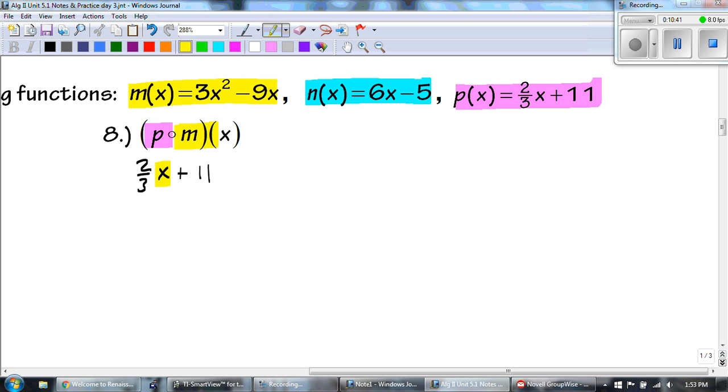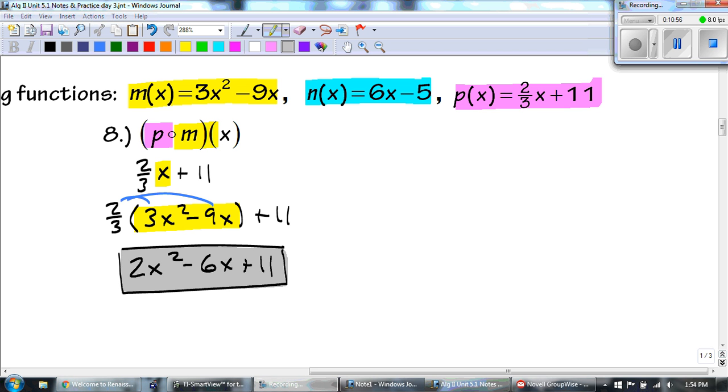Go ahead and pause the video, and good luck. Okay, and you had to distribute the 2/3. You get 2x squared minus 6x plus 11, and we don't have any like terms, so we are done.